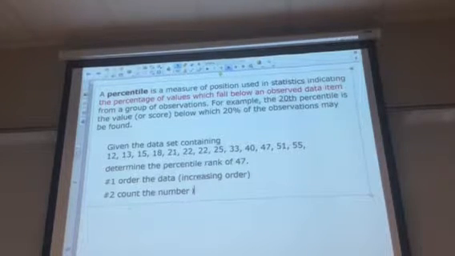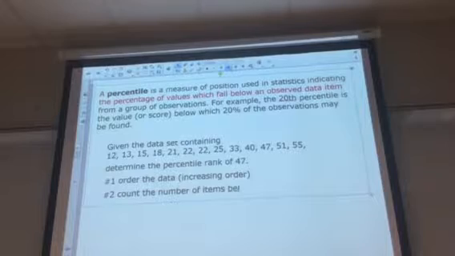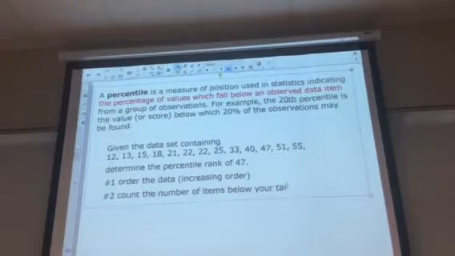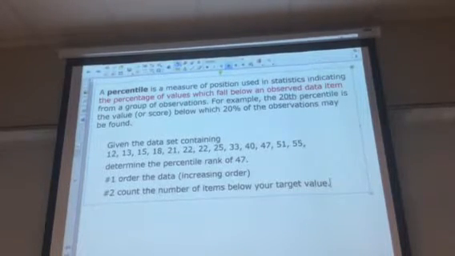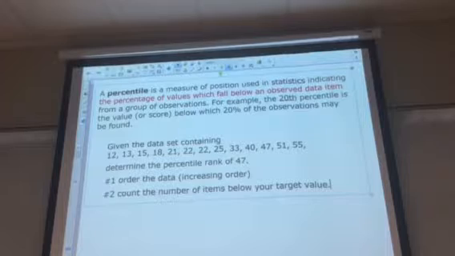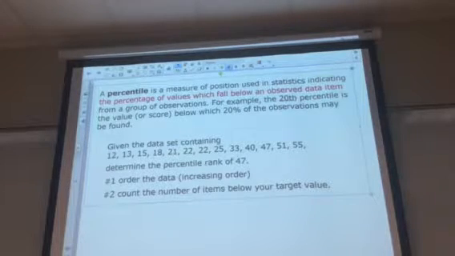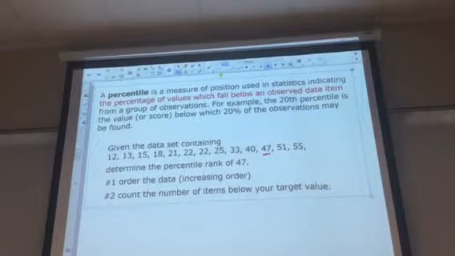Number 2, count the number of items below your target value. And what's our target value on this problem? 47. Okay? So we locate 47, and we say, there I am. And now we count the number of items that are below that value.